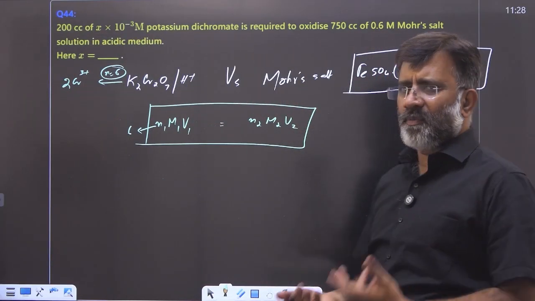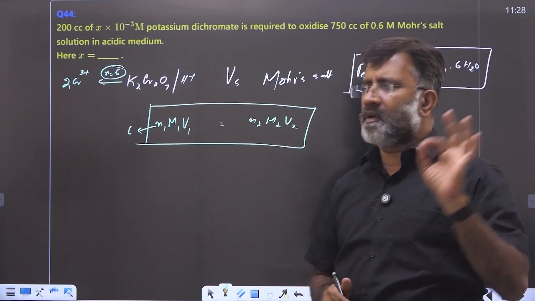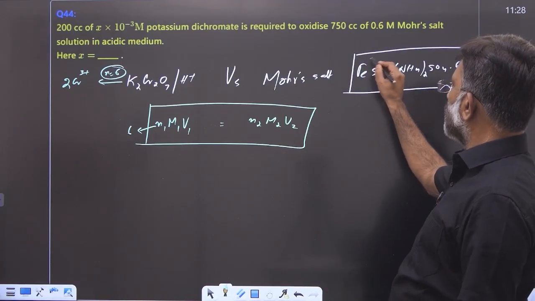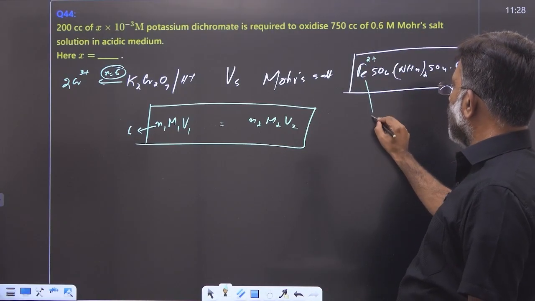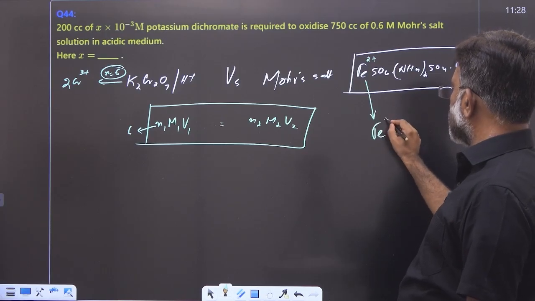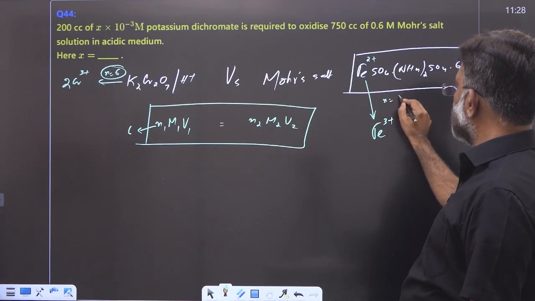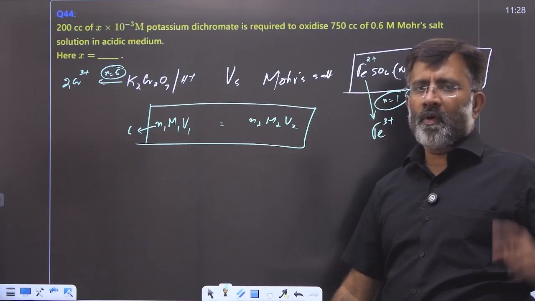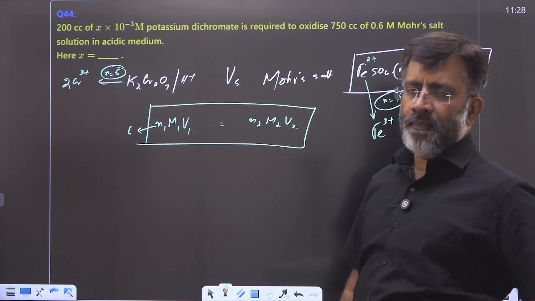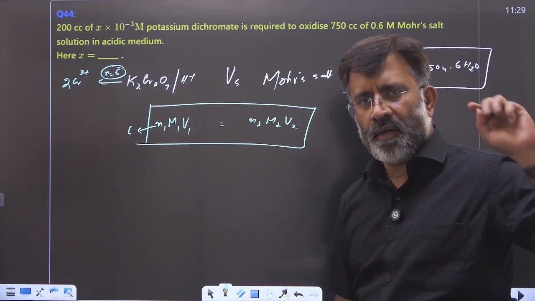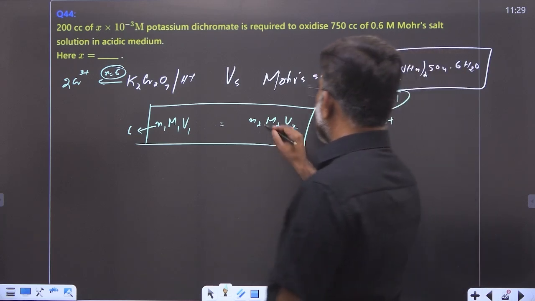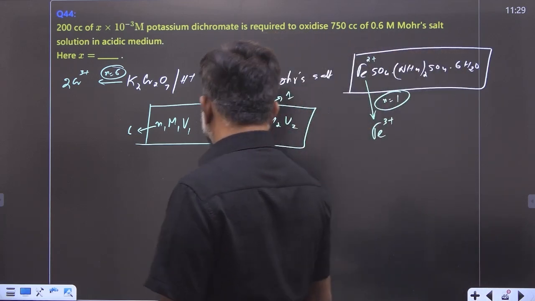What about the N factor here? Mohr salt, very popular one. Everybody knows in Mohr salt, Fe2 plus will be oxidized to Fe3 plus. That is N factor 1. For Mohr salt, N factor is 1. Potassium dichromate in acid medium N factor is 6. So N2 equal to 1.